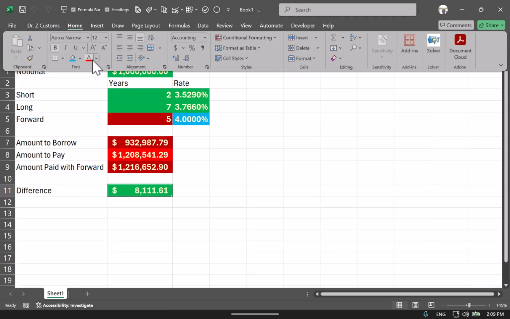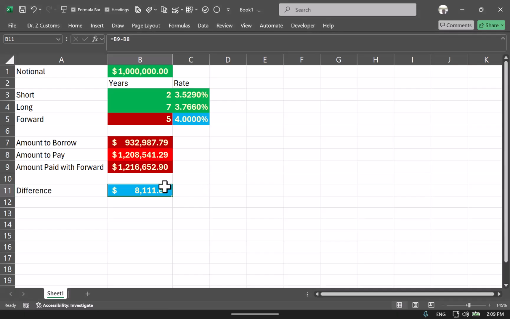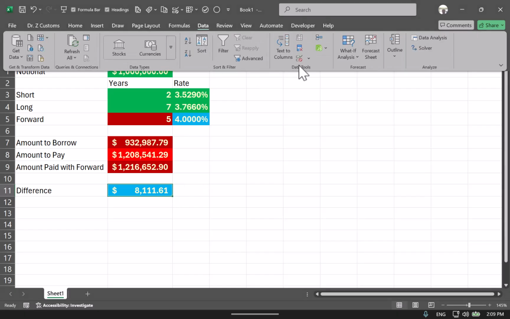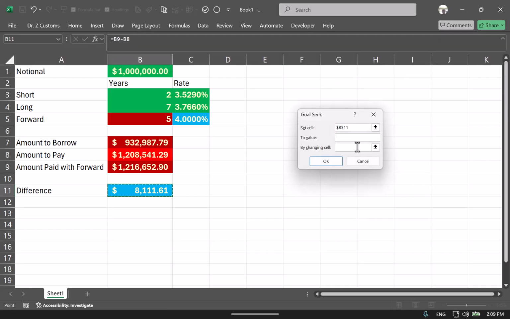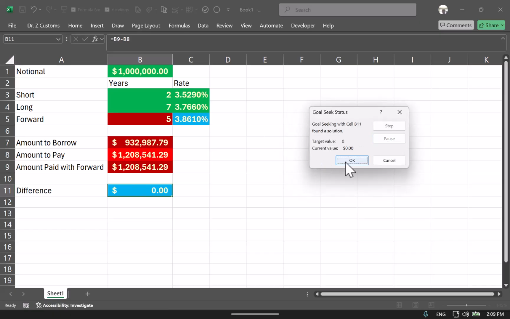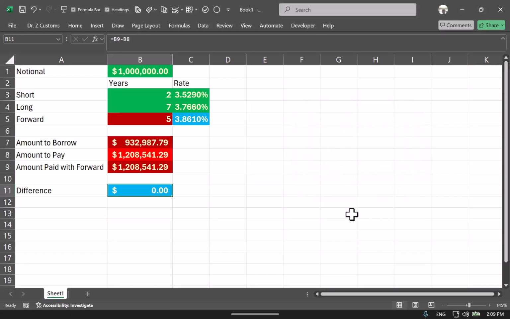So what I'm going to do is data, what if analysis, goal seek, make this difference 0 by changing the forward rate. Okay. Again, I can write a formula for the forward rate. It beats the point because this kind of shows you that you need to pick the rates so that they're equal.